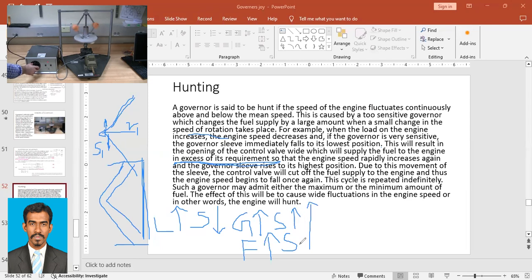If the speed reaches a very large value, the governor detects it as high speed. So what will it do? It will control the speed.